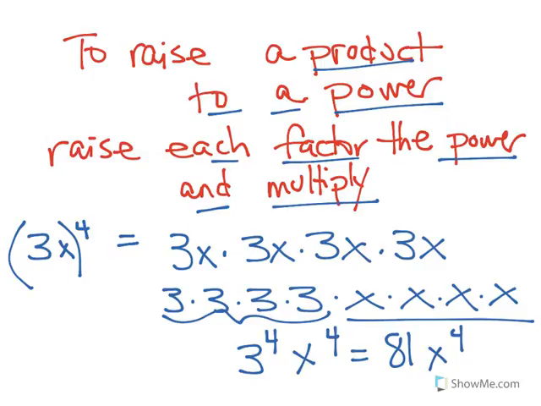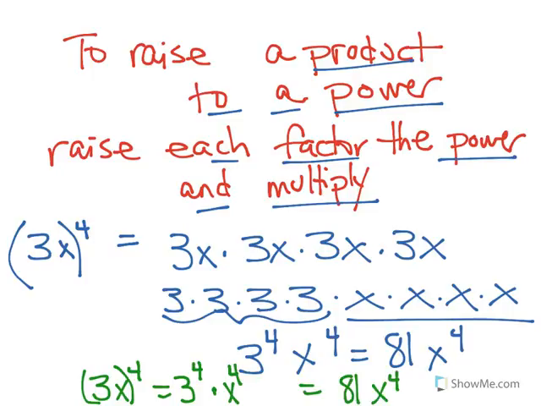So if we have 3x, that whole quantity, raised to the fourth, that's 3 raised to the fourth, each factor raised to that power, and x raised to the fourth. And that equals 81x to the fourth. So we see we get the same answer with fewer steps.